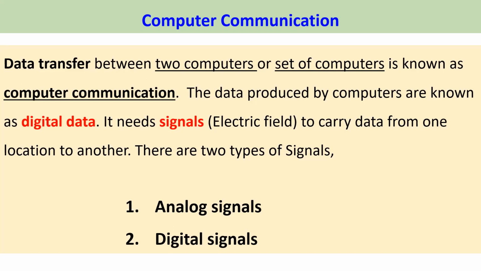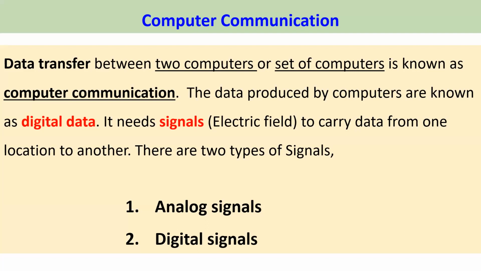Normally, the data the computer produces is known as digital data. You already know that from earlier, when you learned about computers. Computer-created data is categorized as digital data. Why do we call the data produced by the computer digital?